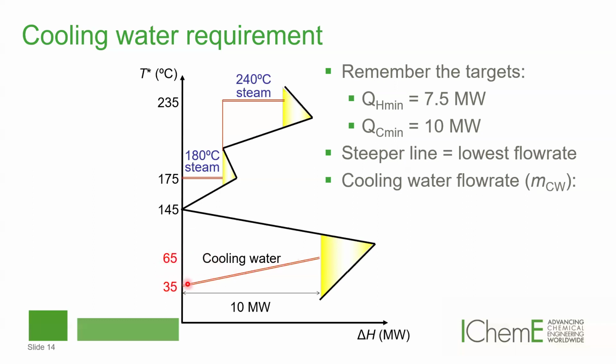So we plot a steep line according to the supply and target temperature. And then next, we calculate the mass of the cooling water. So just divide the enthalpy, which is 10,000 kilowatts, by the Cp and the delta T, and we get the mass flow rate of the cooling stream.